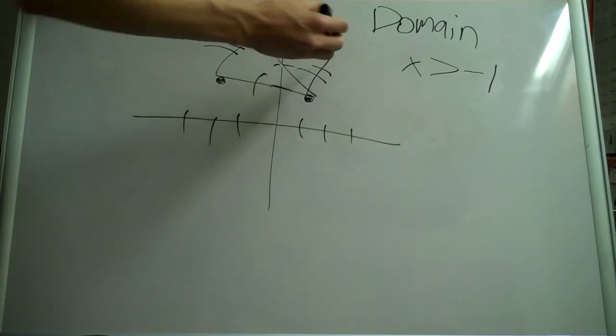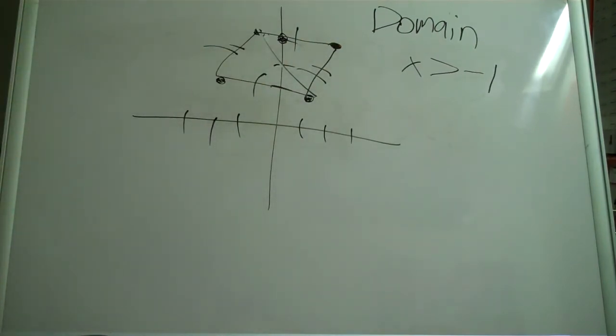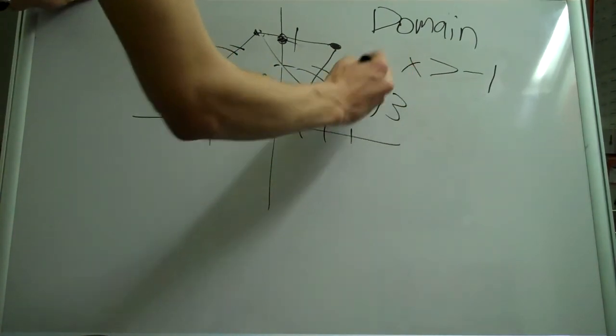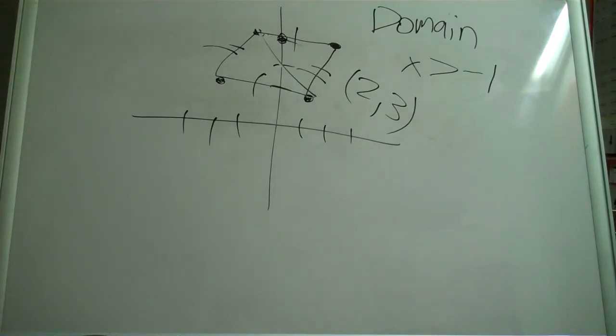So this point out here is something we don't want to include in the domain. In other words, the domain is everything that will make a trapezoid in this situation. So we have to exclude this point, and it looks like on the graph that point is (2, 3).